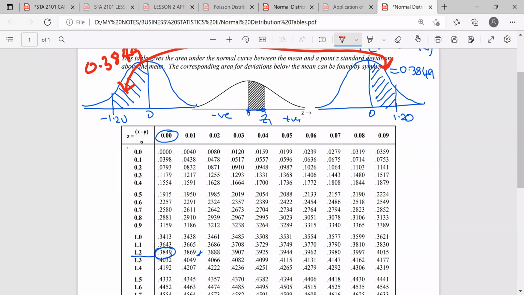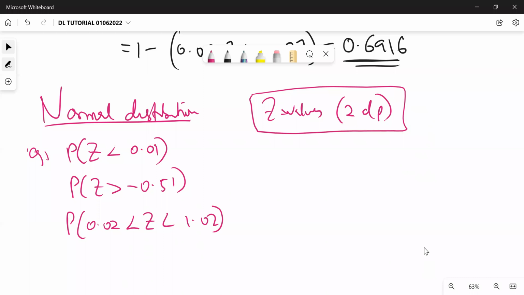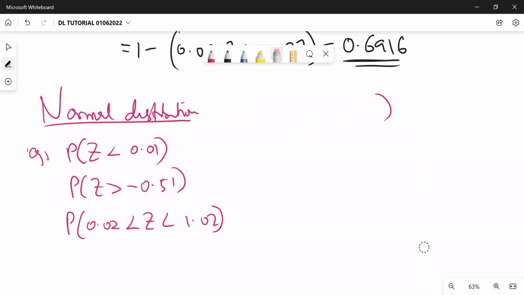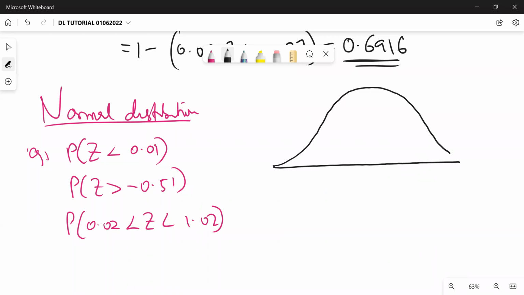Now let's answer the questions that we posed elsewhere. This is the question that we are trying to answer: the probability that Z is less than 0.01. This sketch will always be very useful to avoid mistakes. So which area are we talking about in this case? 0 will always be at the center.